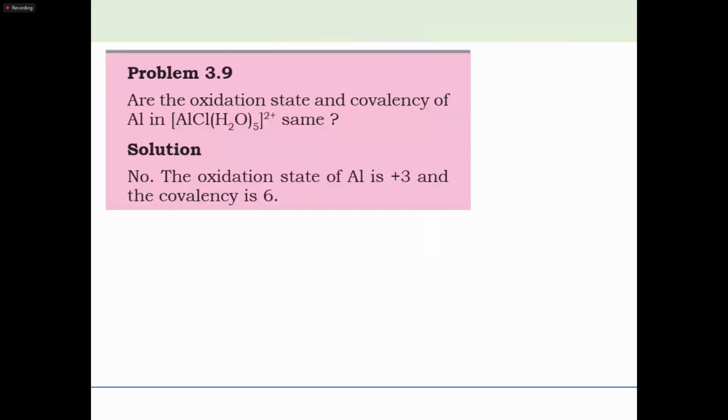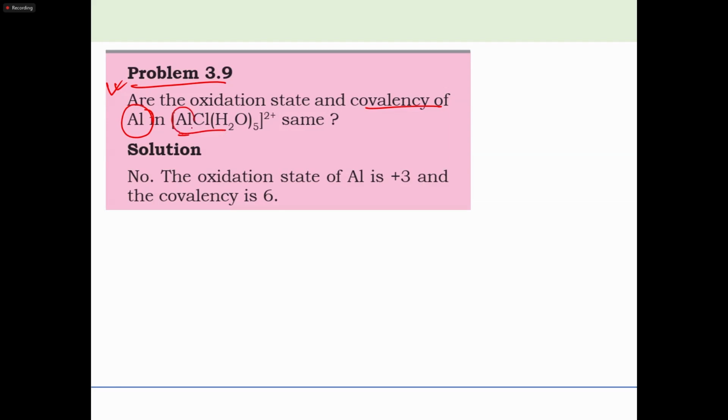Now, I have given one example here. What will be the oxidation state and the covalency of aluminium in this compound? First of all, you have to calculate the oxidation state. This is one type of metal complex.